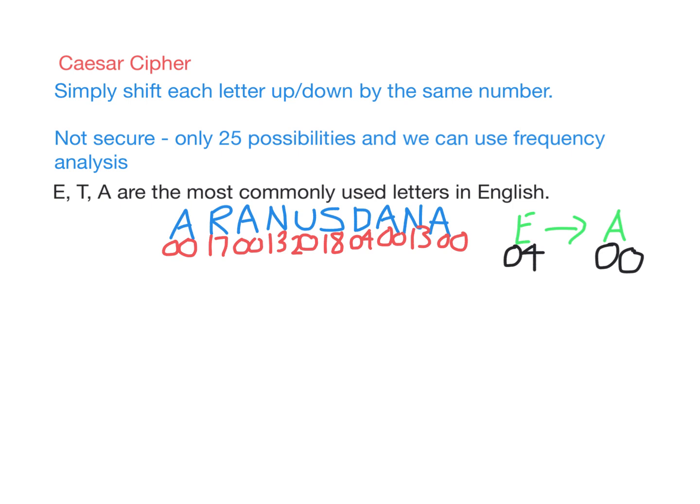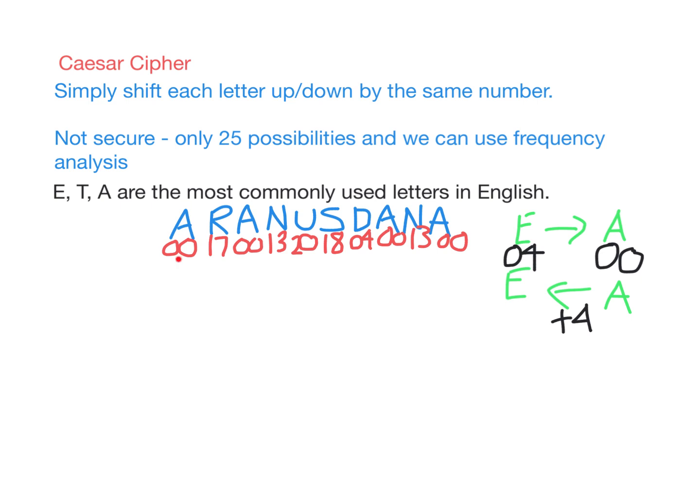So that's what I did to encrypt. To decrypt, I'm simply going to do the opposite. To go from A back to E, what I need to do is basically add 4. So to encrypt, I subtracted 4 from each value to get the ciphertext. When I decrypt, I do the opposite. I'm going to add 4 to the ciphertext in order to get the plain text.